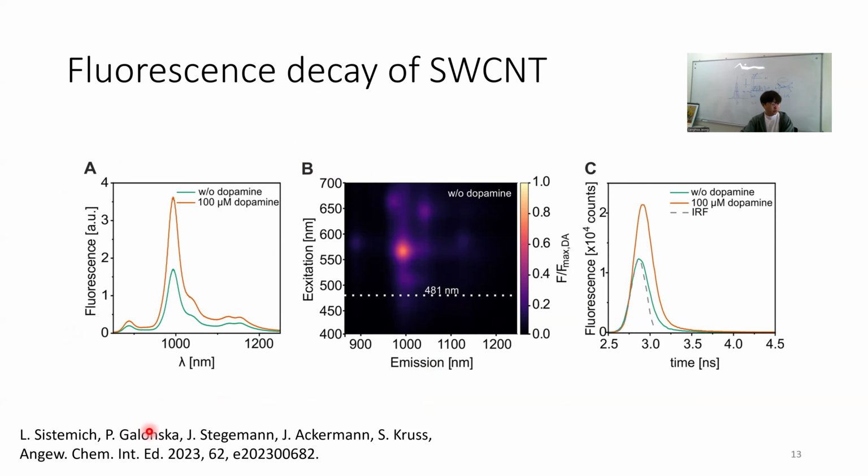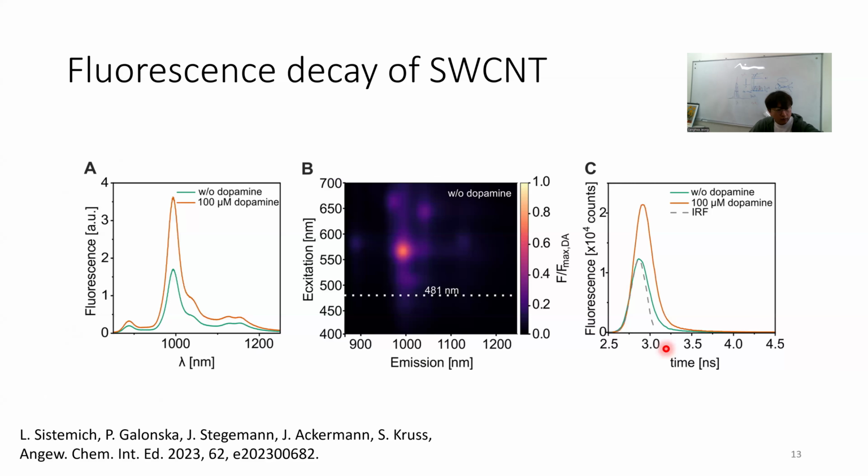For example, a 2023 paper showed the fluorescence decay of SWCNT (6,5) carbon nanotubes for dopamine sensors. The x-axis is time in nanoseconds, and the y-axis is fluorescence.